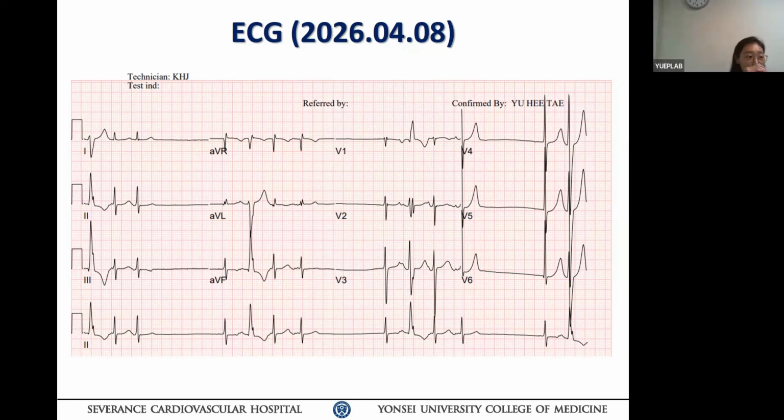I think after 2 beats, I cannot find a P wave anymore. So I think there's a problem at the node function, I guess. So sinus node dysfunction, yes, you mean? Yes. I think something happened to the patient. And secondly, I can't find a full P wave at V4 to V6.